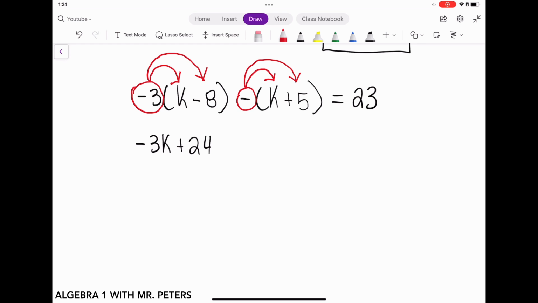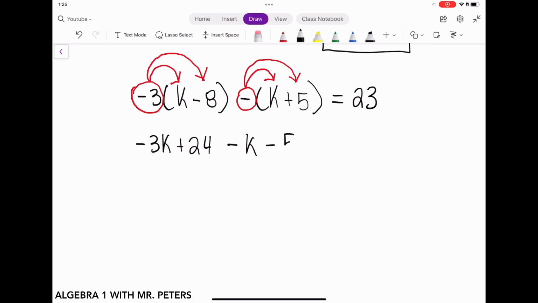We're going to multiply negative 1 by k plus 5, and that's going to change the signs of k and 5. They're both positive inside the parentheses, but once we multiply by this negative, it's going to change the sign. So we're going to have minus k minus 5 is equal to 23.